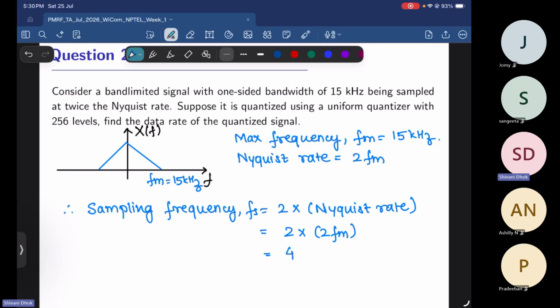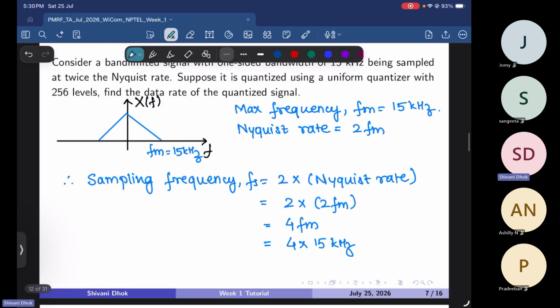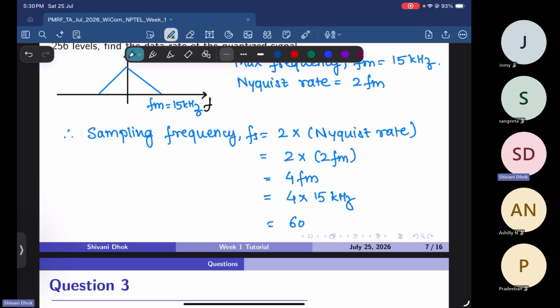And what is the value of the maximum frequency? 15 kilohertz. So 4 into 15 kilohertz turns out to be 60 kilo samples per second.